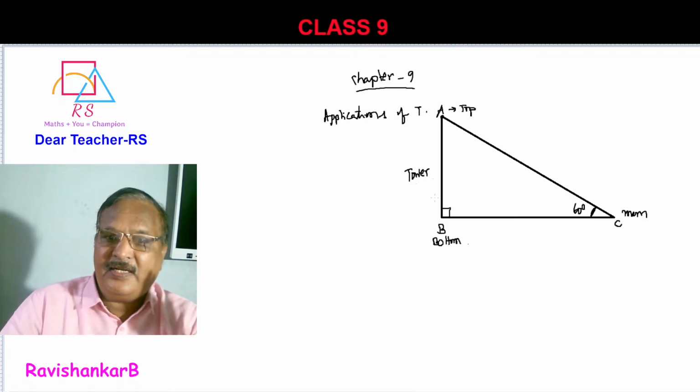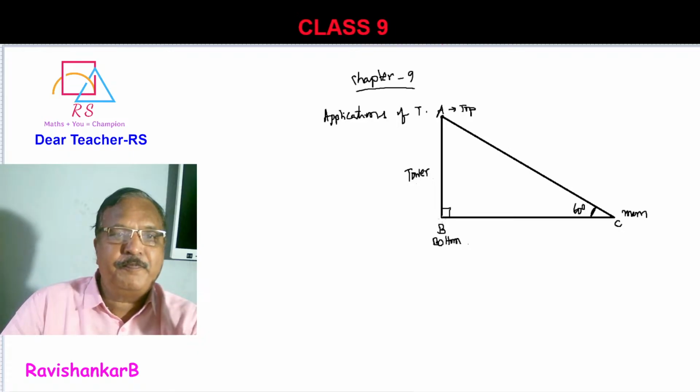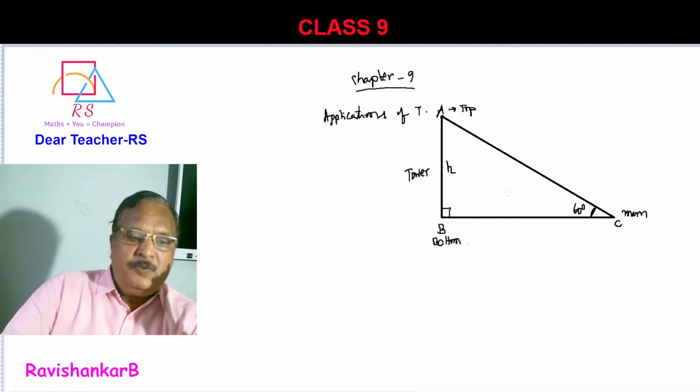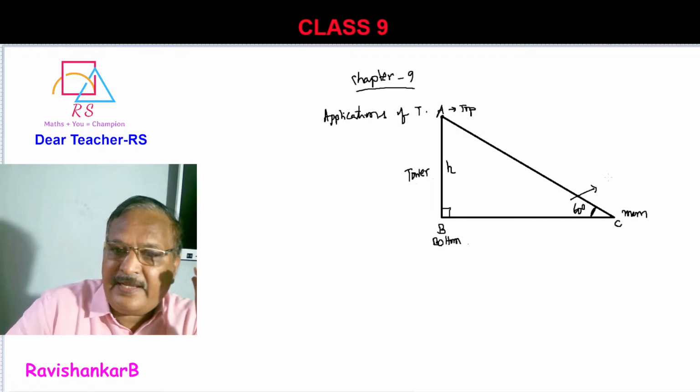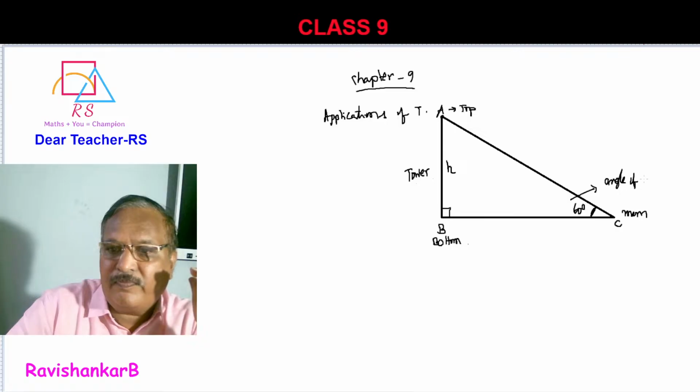So now the man is observing the top of the tower at an angle of 60 degrees, and the bottom is at B. The tower height is H. So this angle we call the angle of elevation.